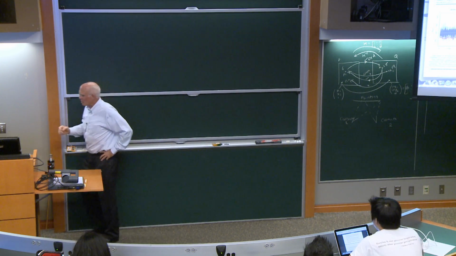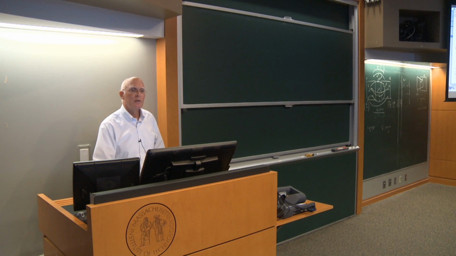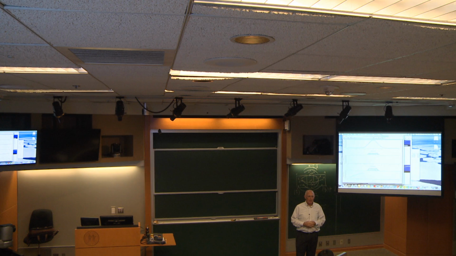I wanted to show you how that plays out by showing you another graph here. Those of you who've had a statistics course before have heard that a t distribution can be approximated well by a normal if the degrees of freedom for the t are at some level.